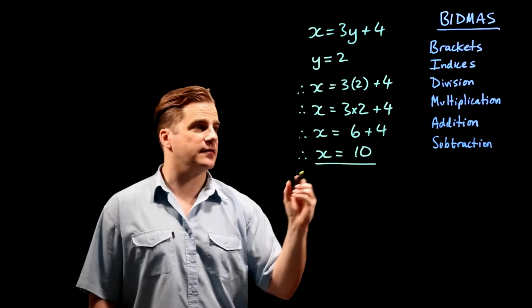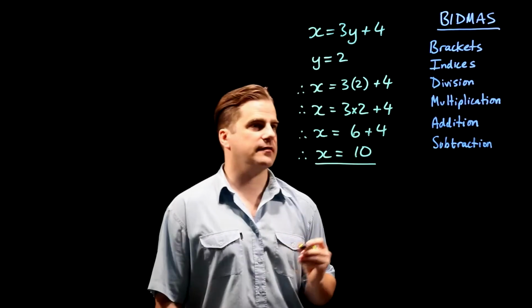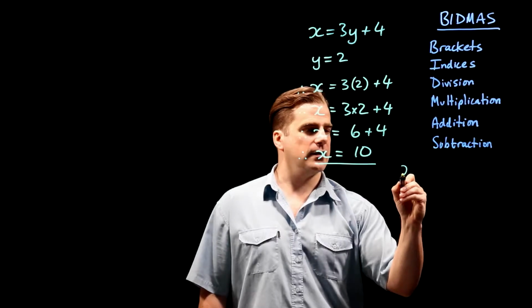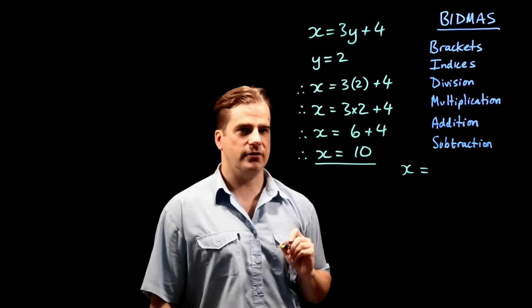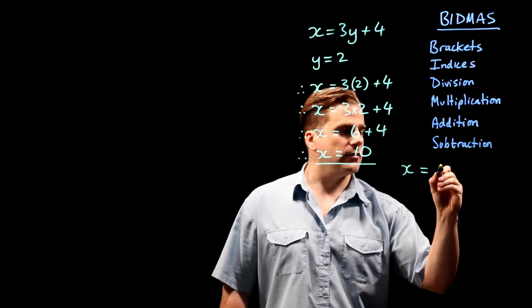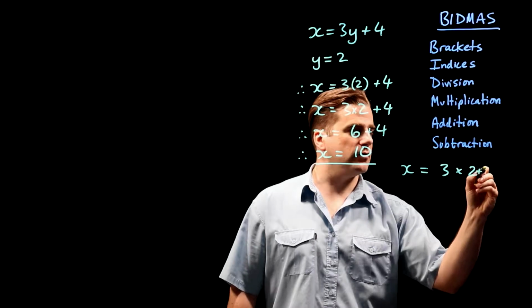You'd get a different answer if you added the 4 first. And I'll prove it. Watch this. X is 3 times 2 plus 4. What if it's written like this? 3 times 2 plus 4.